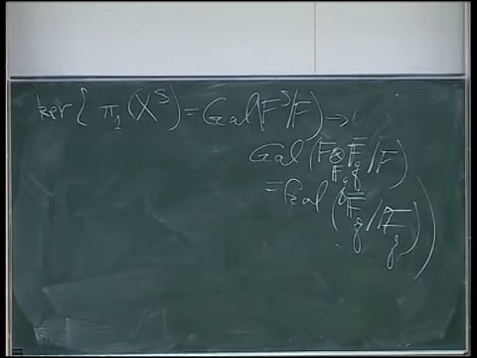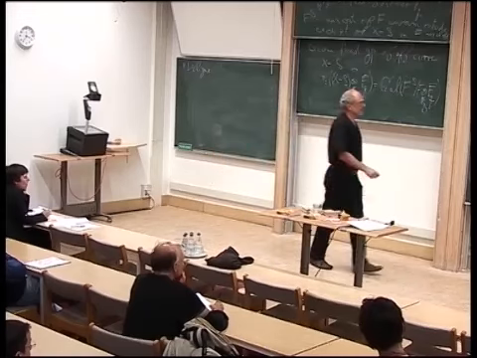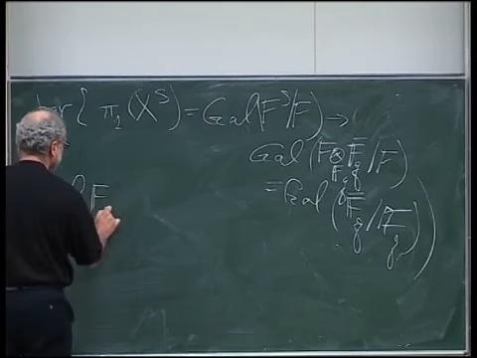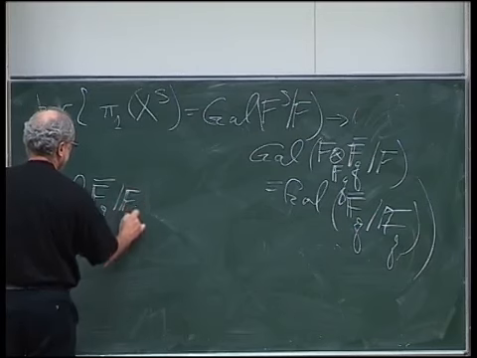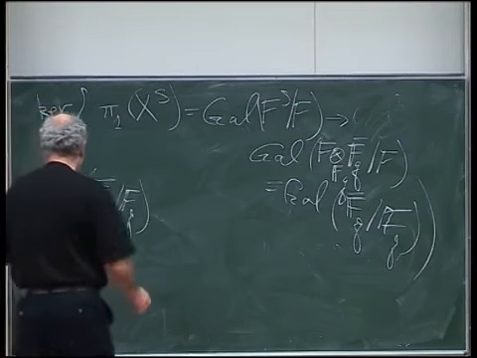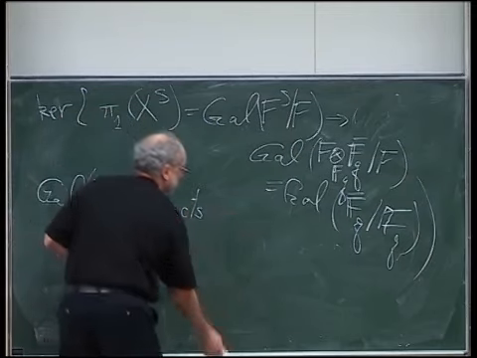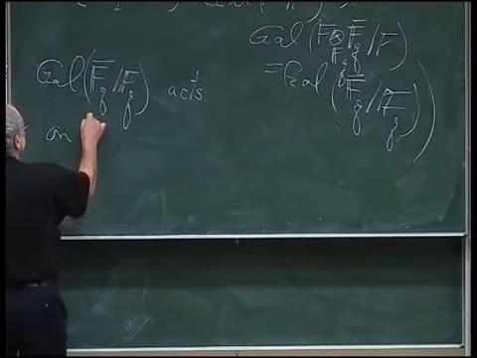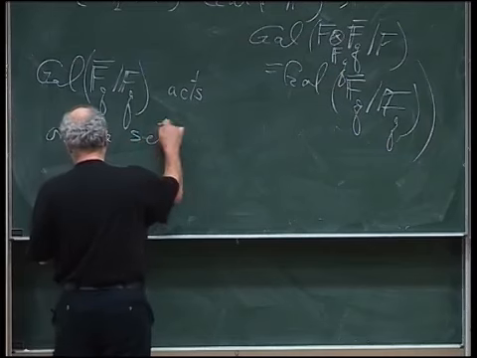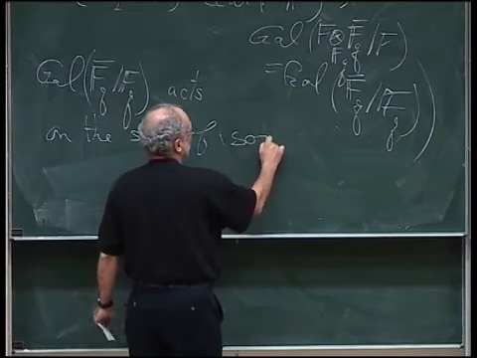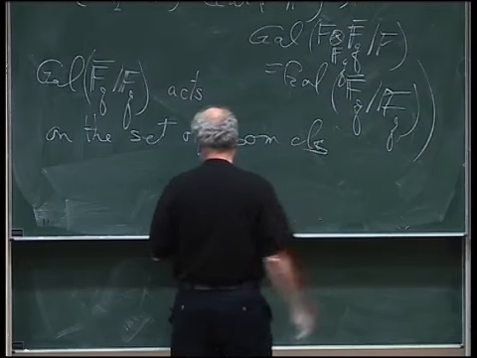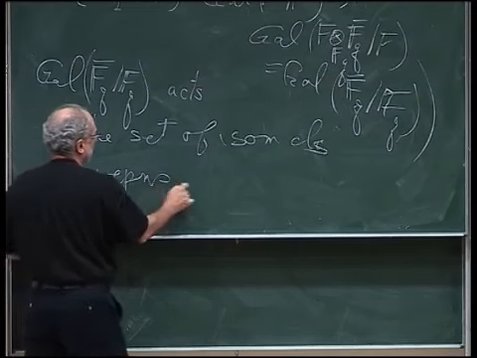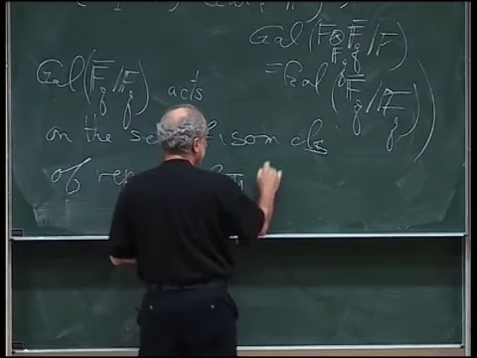So what we learn from this is that this Galois group, that is the Frobenius, acts on the set of isomorphism classes of representations of this fundamental group, the geometric fundamental group.